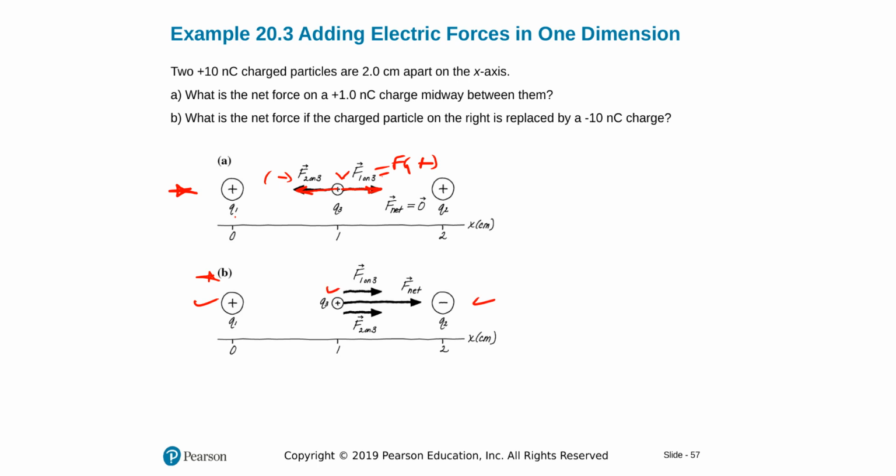Now plus on the left, charge 1 is pushing to the right, F1 on 3 or F1, and charge 2 is now pulling also to the right. Let's call this F3, and we'll add them. They will be in the same direction. Since the charges amount were the same, this will give us a 0 because equal forces opposite direction, and this will be twice. Well, add in 2 of them, so 2 times the value.